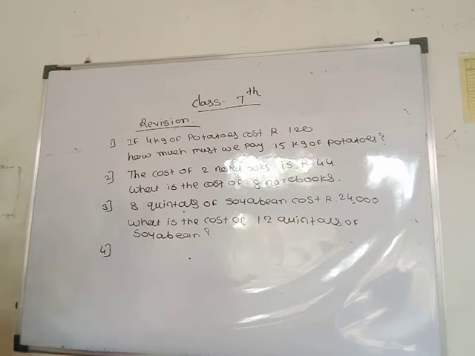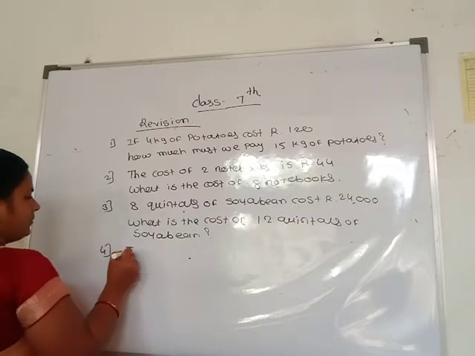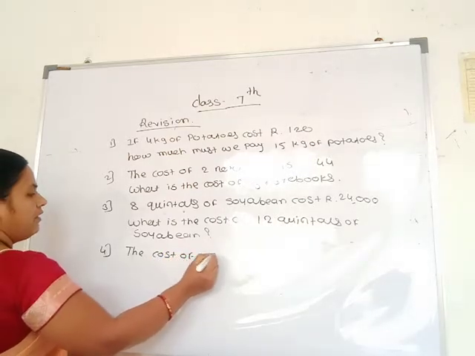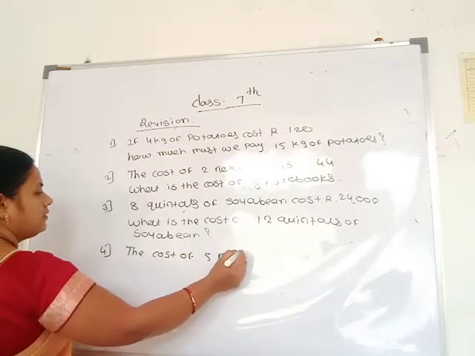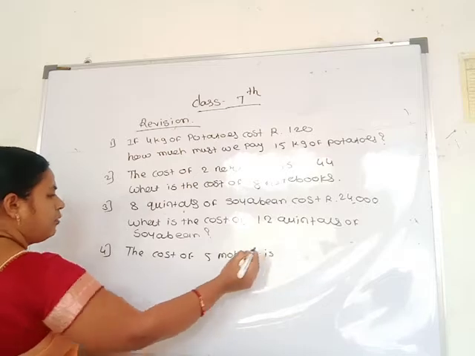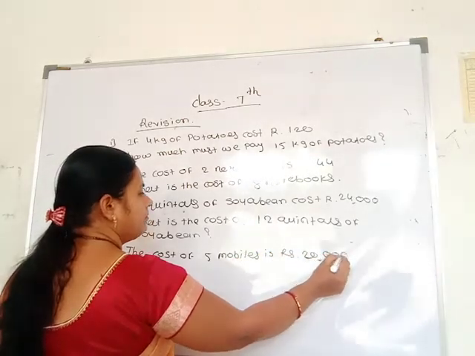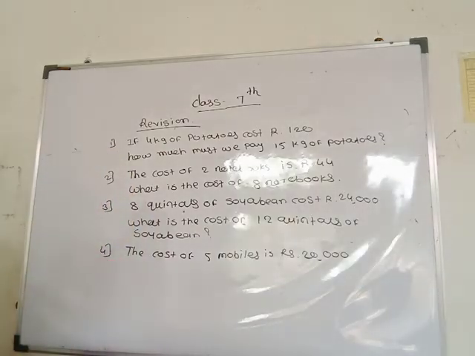Fourth one, the cost of 5 mobiles is rupees 20,000.